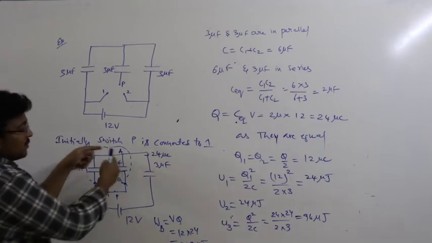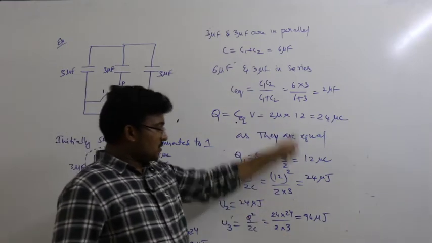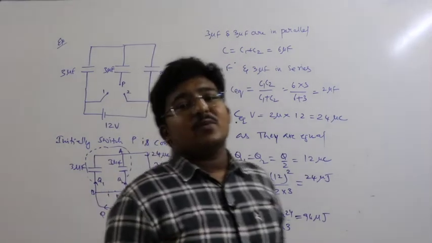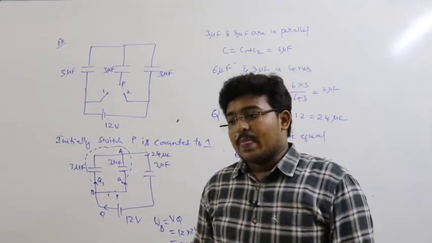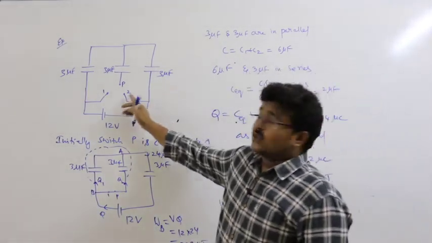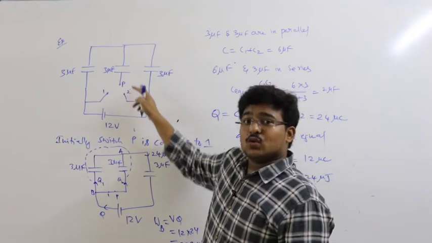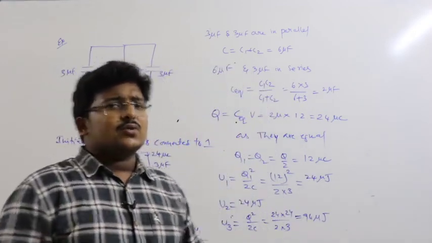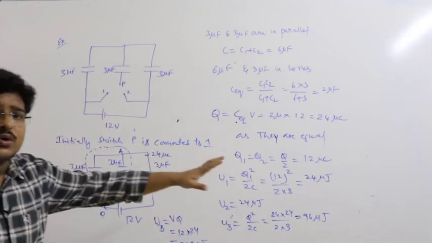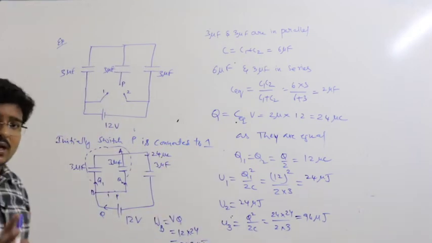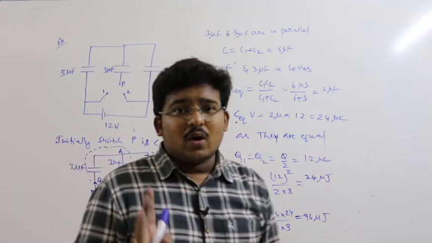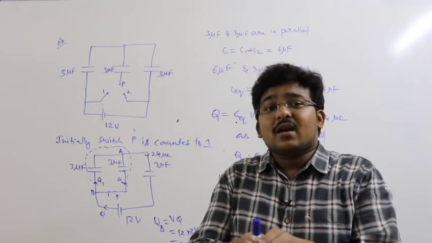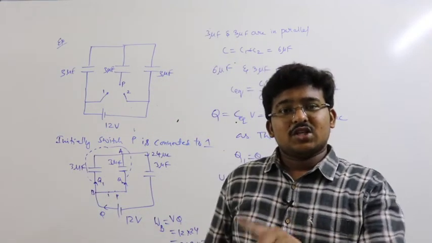In that, some energies are stored; if you sum all of them, the remaining will be called heat lost. Okay, now here you can connect the switch from P to 2 also, then also you will get the same, though the circuit will be different, so you can do it as homework. Here I just explained how the charges are distributed when the switch changes from 1 to 2.